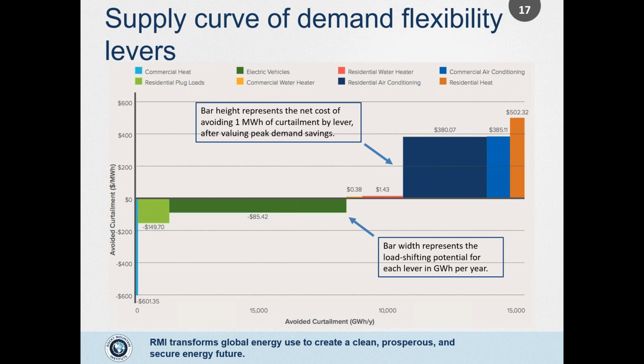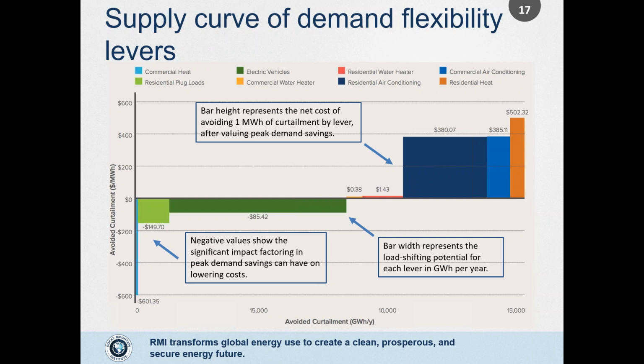And you must be wondering what these crazy negative numbers are, and that is, as I said, due to the significant impact that factoring in peak demand savings can have on lowering costs.